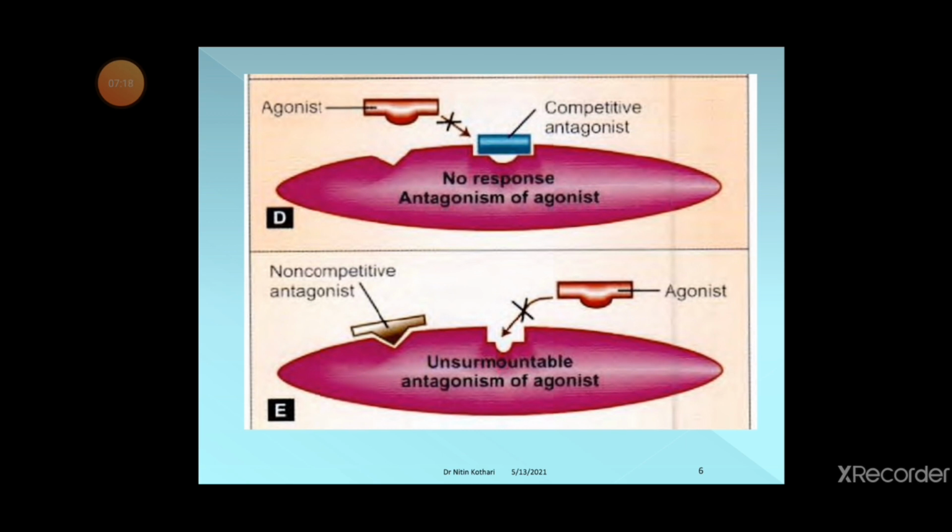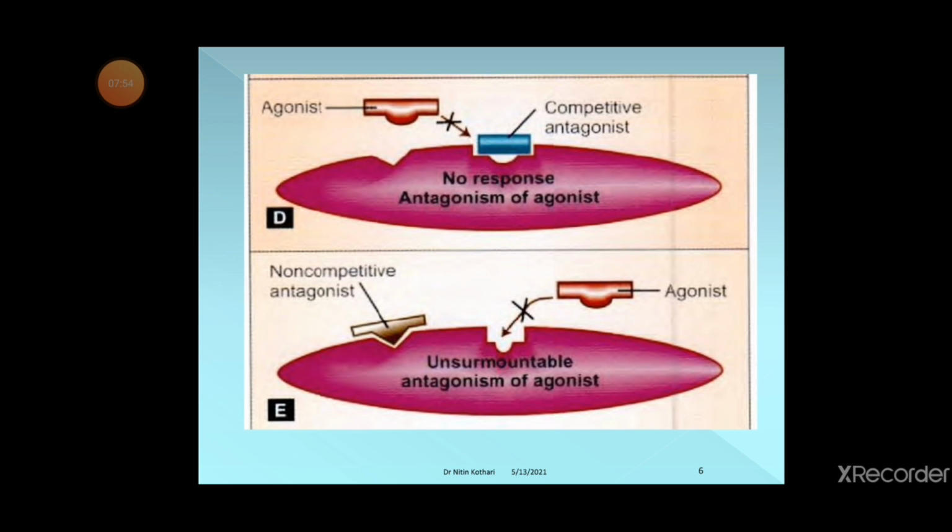The diagram E is not a competitive antagonist. It is a diagram showing the non-competitive antagonist. There is no competition for binding to receptor between agonist and antagonist, because their chemical structure is different. So this antagonist cannot bind to the same receptor site as agonist, but it binds to another receptor site other than the agonist site, and this site is called the allosteric site.